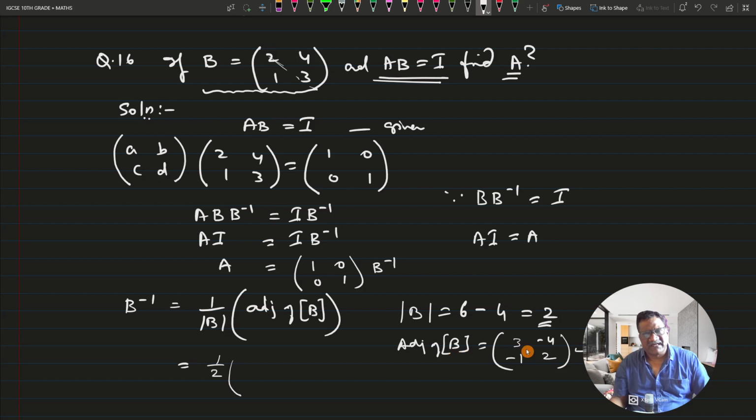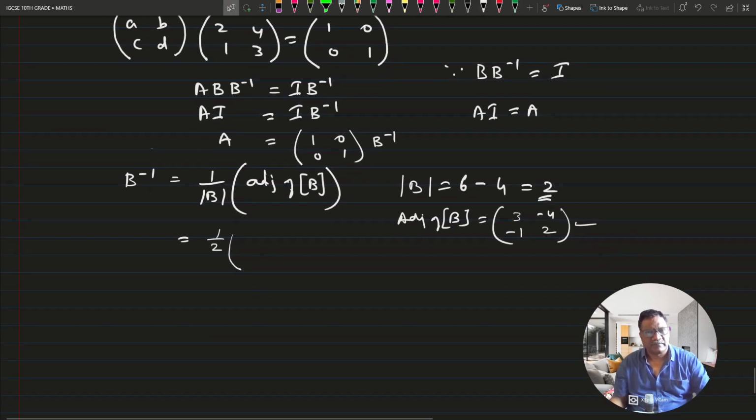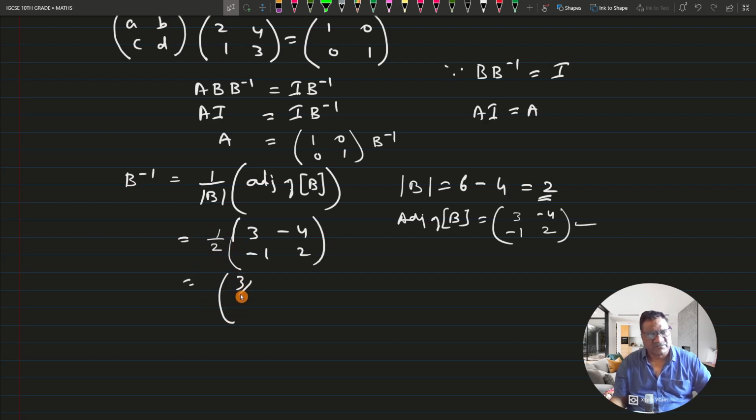So my B inverse will be 1 upon determinant of B, that is 1 upon 2, multiplied by adjoint of B. So adjoint of B is 3, minus 4, minus 1 and 2. Now what I'll have to do is take this half inside. So I'll have to do scalar multiplication. So this happens to be 3 by 2.